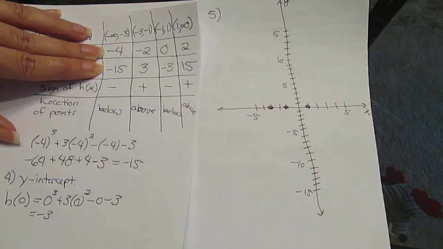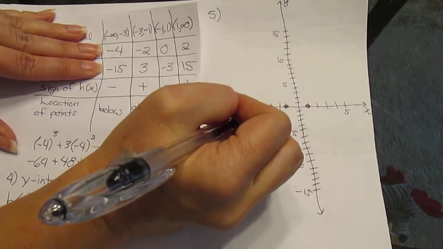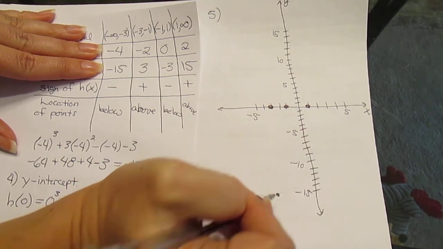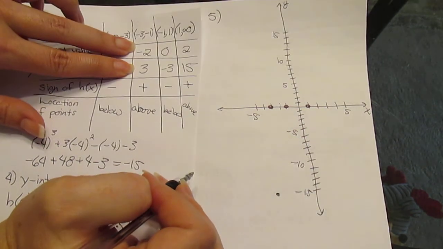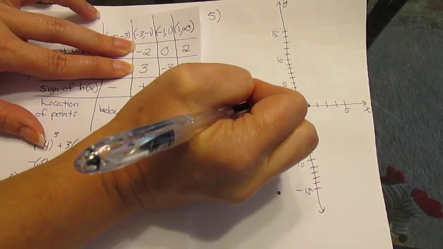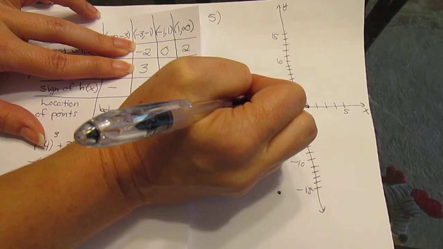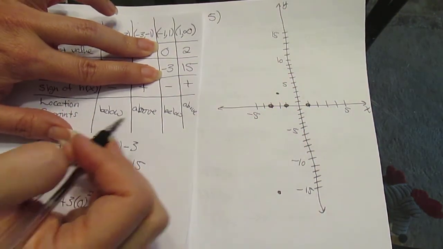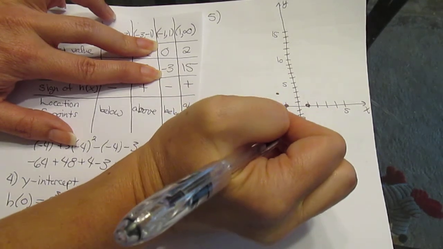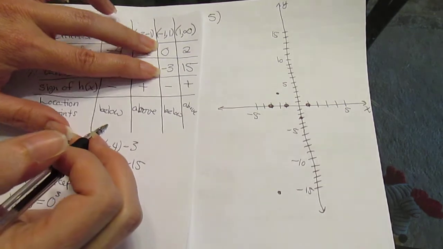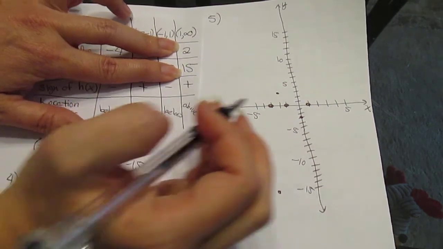So (-4, -15), (-2, 3), (0, -3), and (2, 15).